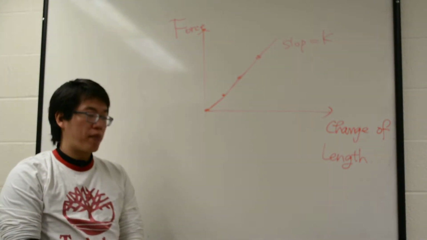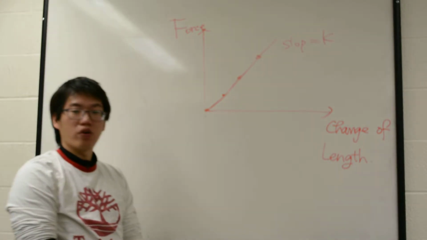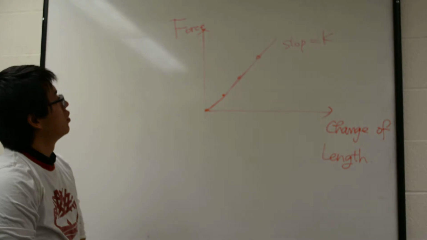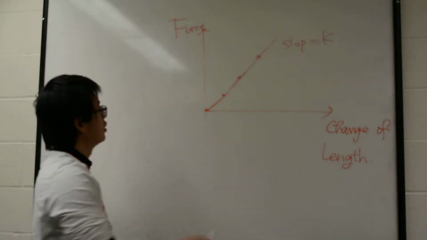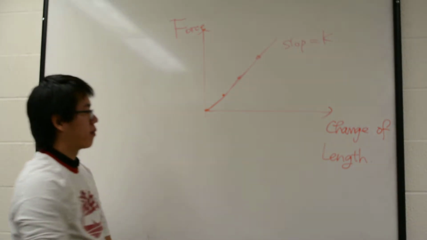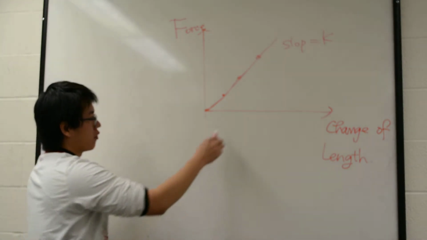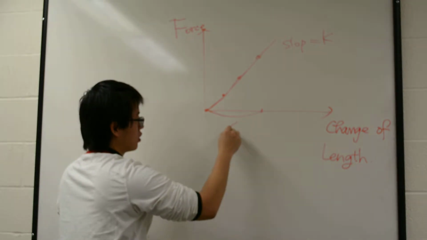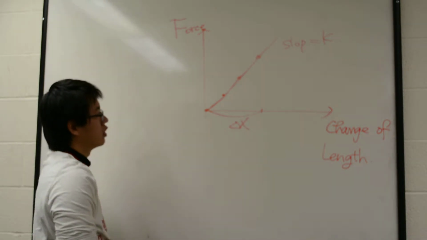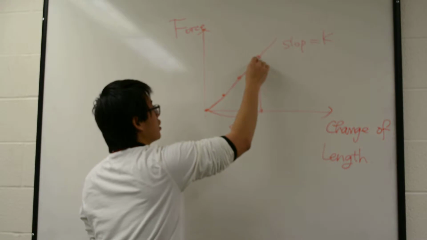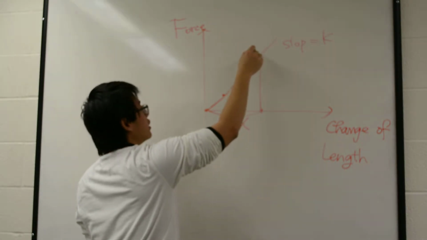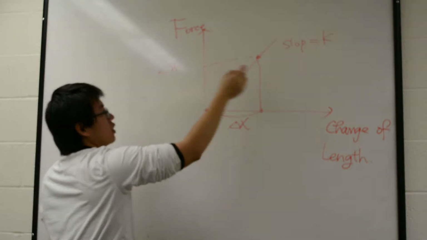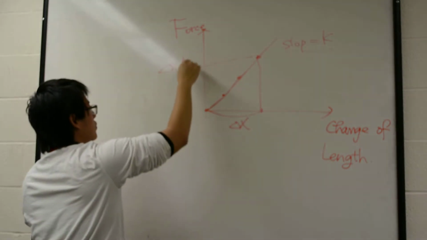This slope depends on your spring, so you don't know what k is. So what does this graph mean? It means if the change of length is delta x, then the force I need is delta x times this slope.